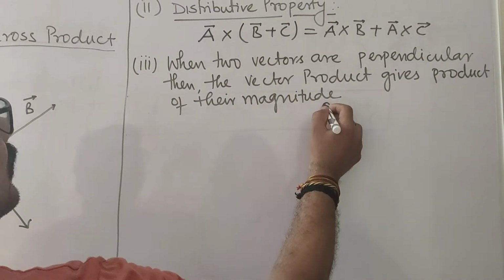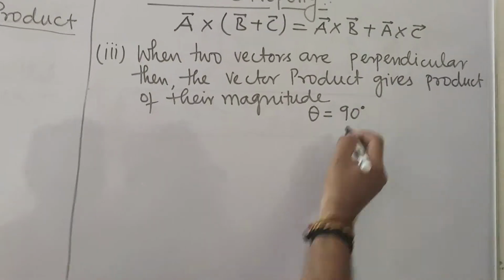So here, perpendicular means theta is 90 degrees.